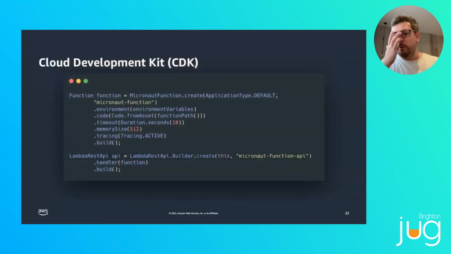And I don't know if you're all familiar with infrastructure as code. Often it's expressed as YAML files or some sort of property format. AWS CDK takes a different approach. If you've heard of Pulumi, I guess it's similar to Pulumi. Your infrastructure as code is actually Java code.